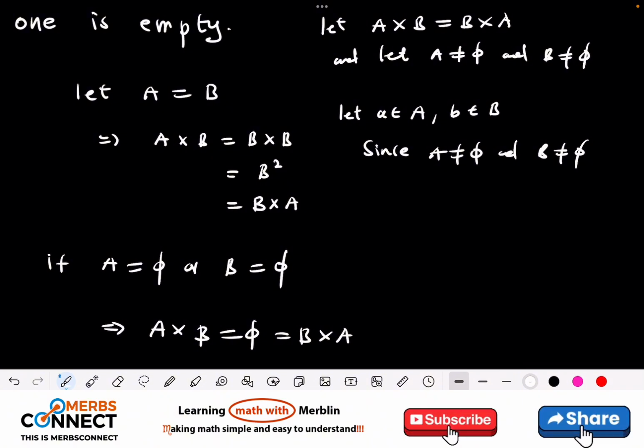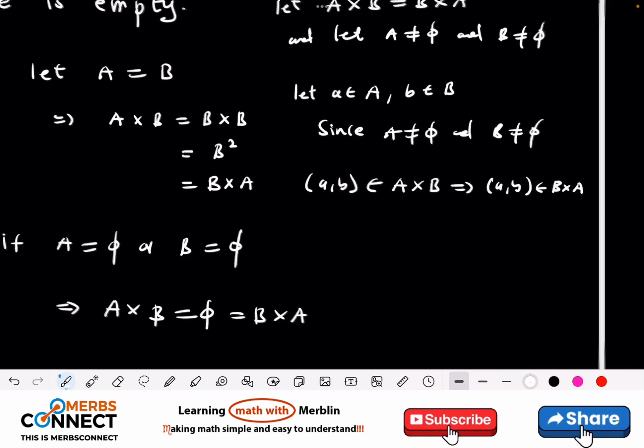Then we can see that using the ordered pair, (a, b) belongs to A cross B, right? And this also implies that (a, b) also belongs to B cross A, right?